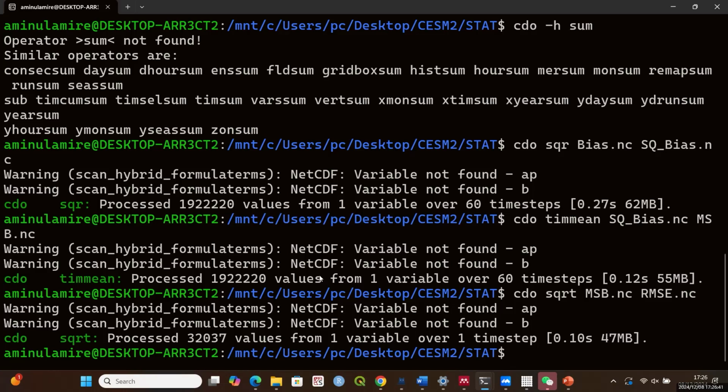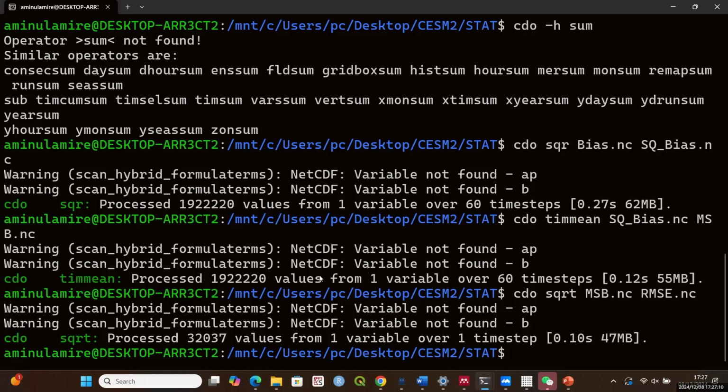So in CDO, if we do time correlation, it means this grid will correlate with this grid, this grid with this grid. Make sure all your data has the same spatial resolution, the same time, and the same level.